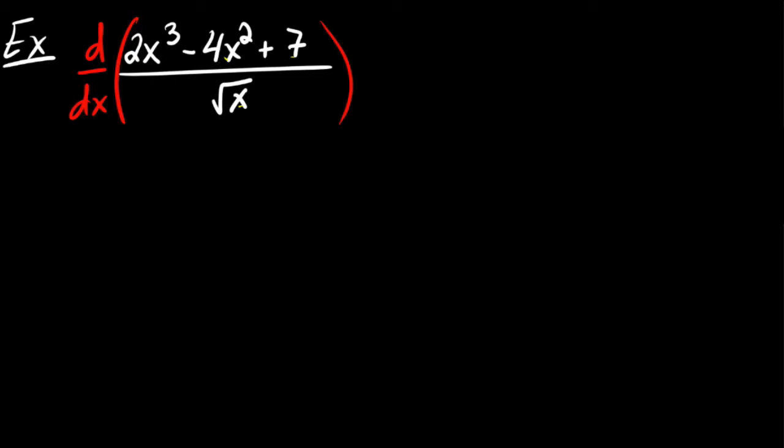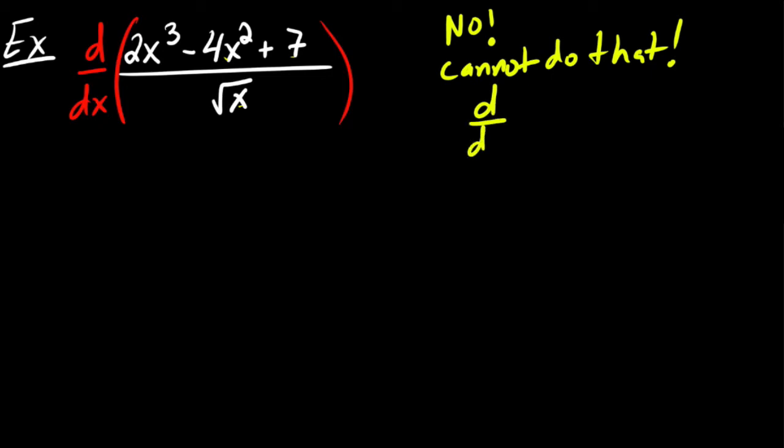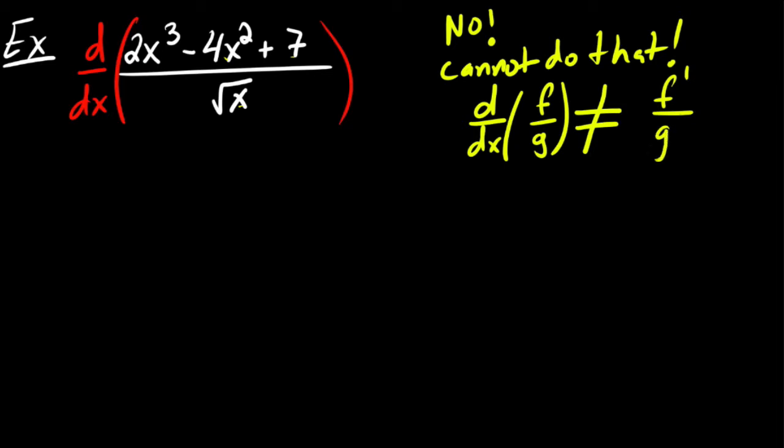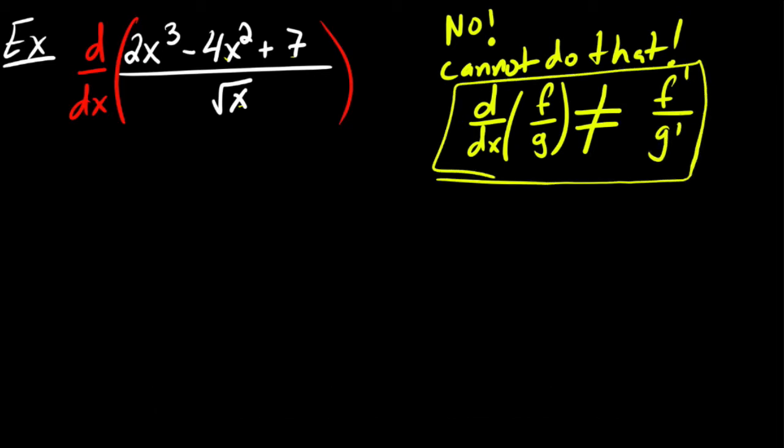And the big answer is no. You cannot do that. I'm going to show this later, but the derivative of a quotient is not equal to the derivative of the top over the derivative of the bottom. This is not true at all.